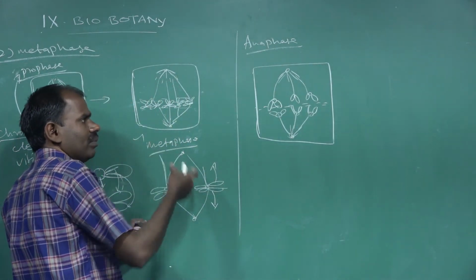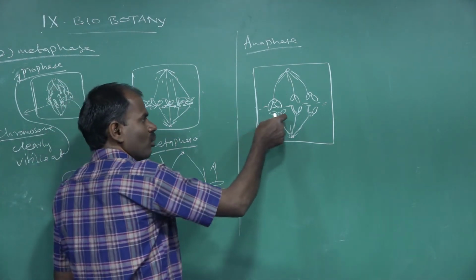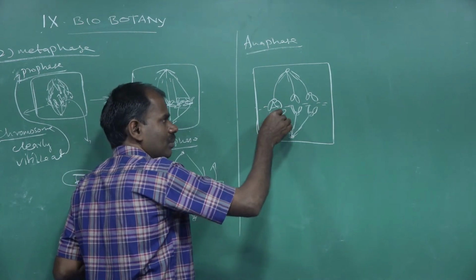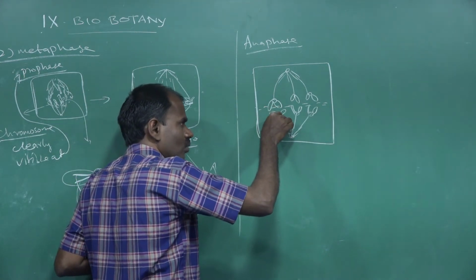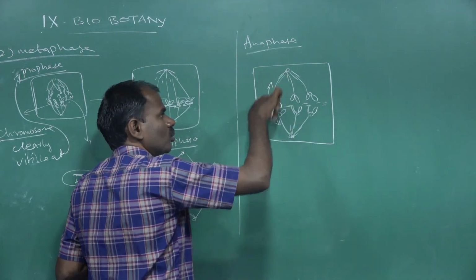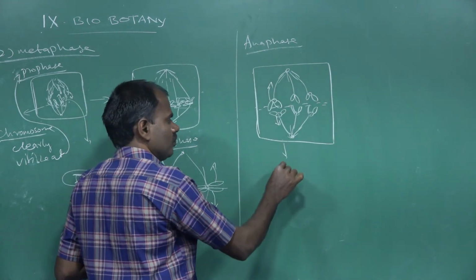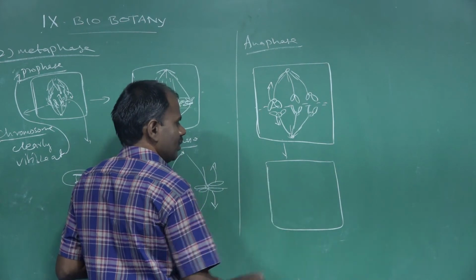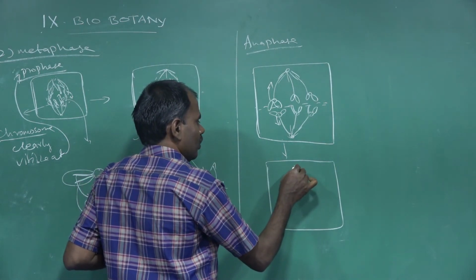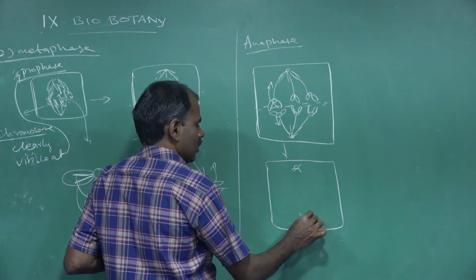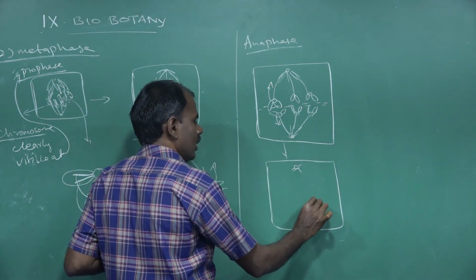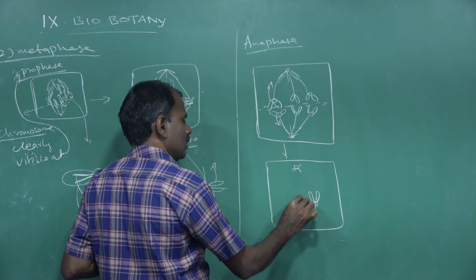After completion of the metaphase stage, the spindle fibers move towards the opposite poles. In plant cells or animal cells, aster rays are formed at the opposite poles, with spindle fibers, centromere and chromatids.